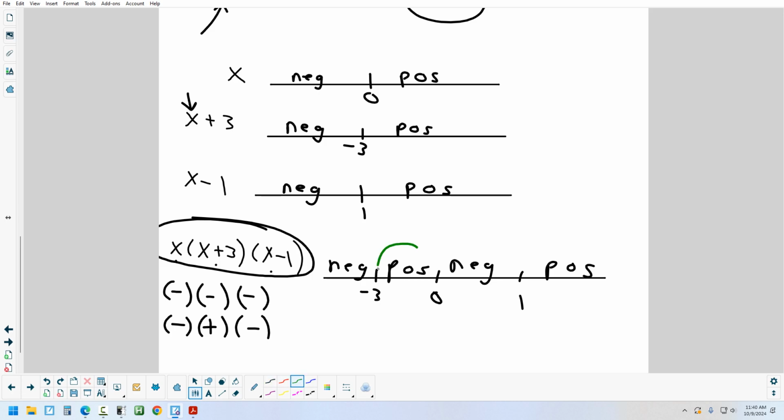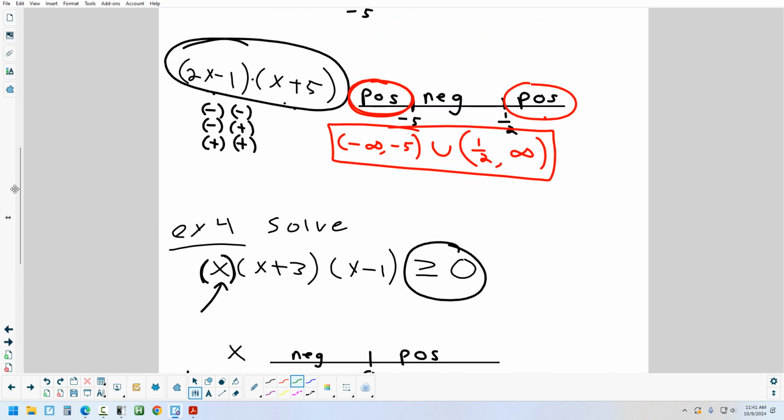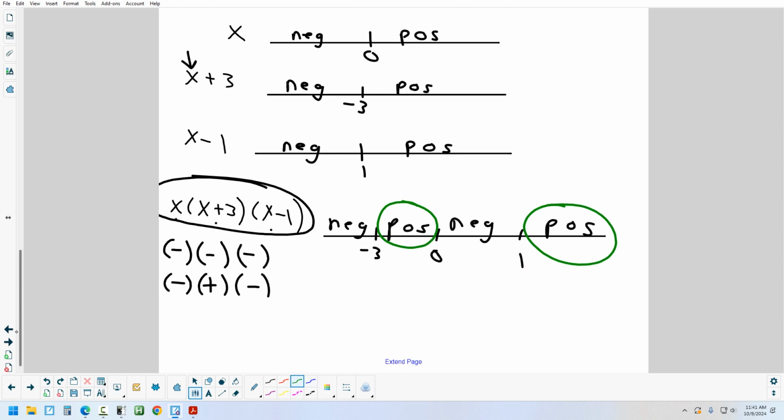This section and this section. And remember, this time, there's an equal to. So how would you describe the numbers? We'll call that section 1. How would you write an interval that describes the numbers in section 1?